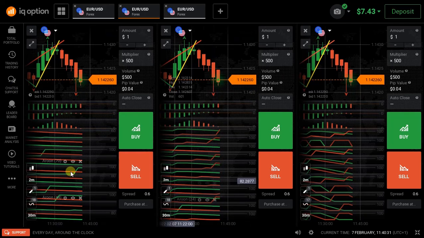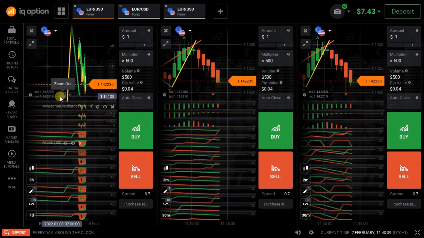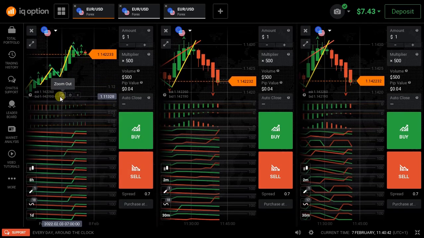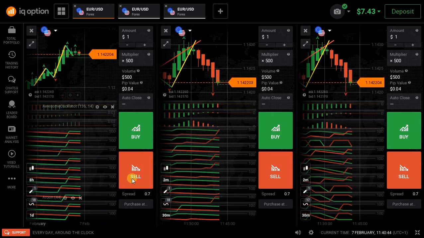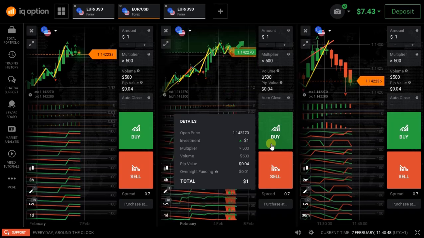Now this is the small guy, but my big version of this actually starts at 8 hours. The big version of this system starts at the 8-hour interval. It goes on to, you also have to monitor the 4-hour interval.